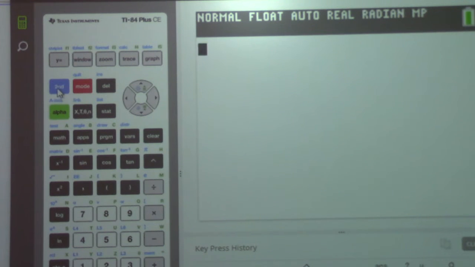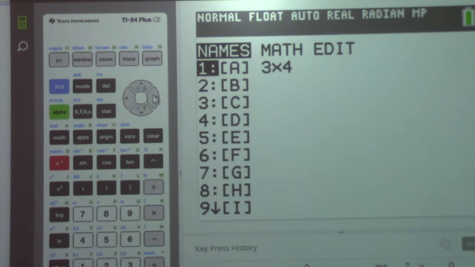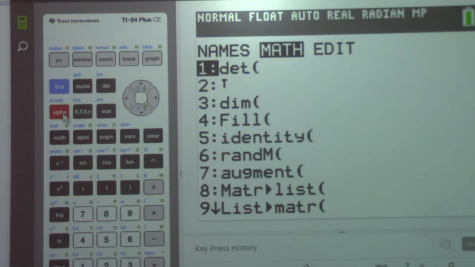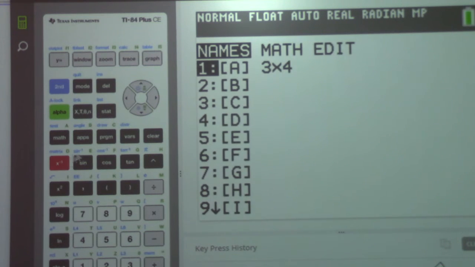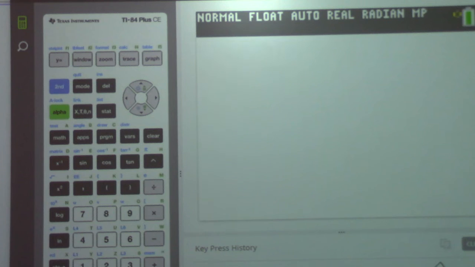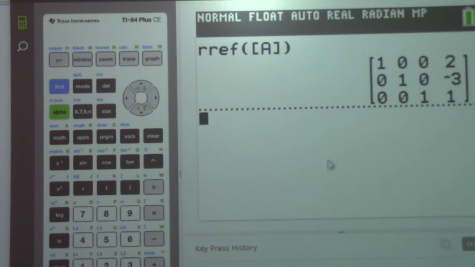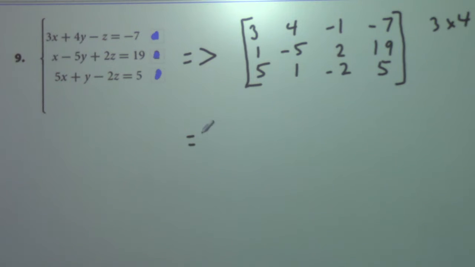So now we're back here again, second matrix. Go to math. I'm going to go to alpha B to get reduced row echelon form. So now we have this augmented matrix here, and on the right we have 2, -3, 1.